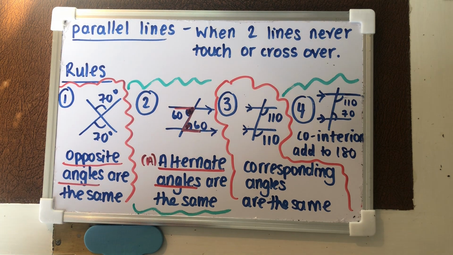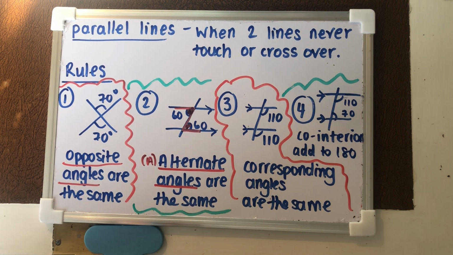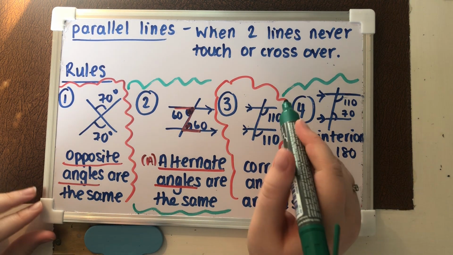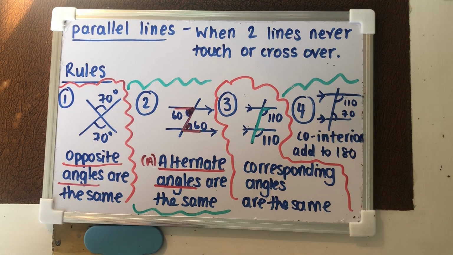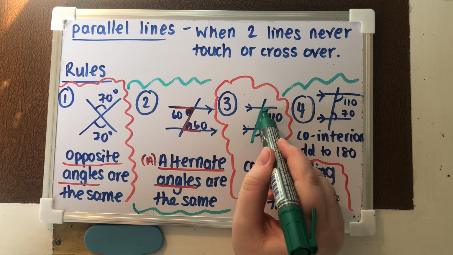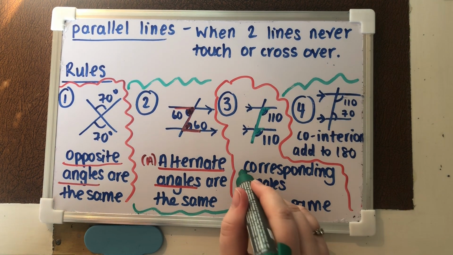Next one is called corresponding. This one's a little bit odder, but it's a similar concept. We can draw a letter for it. If I draw a letter F, like that, it's the angles that are underneath the two little lines. They are the same.